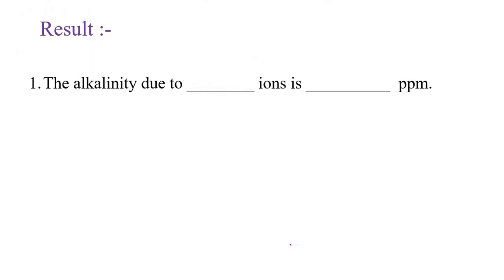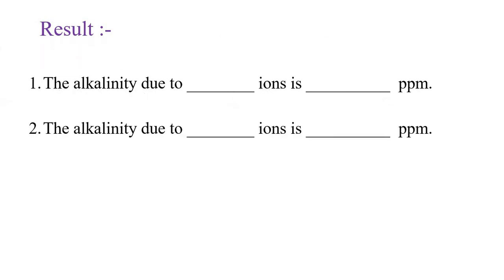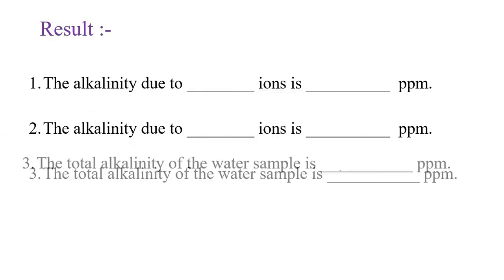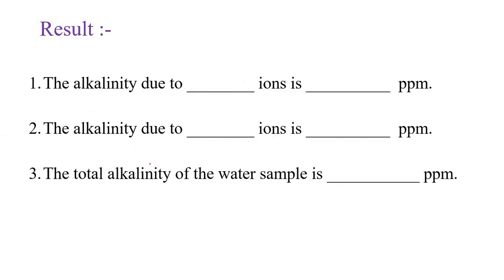The alkalinity is due to which type of ions? There are three types of ions we have seen. Including combinations, there are 5. So you can write the alkalinity due to the presence of one or more ions in the result. So you can calculate the total alkalinity of the water sample in ppm.